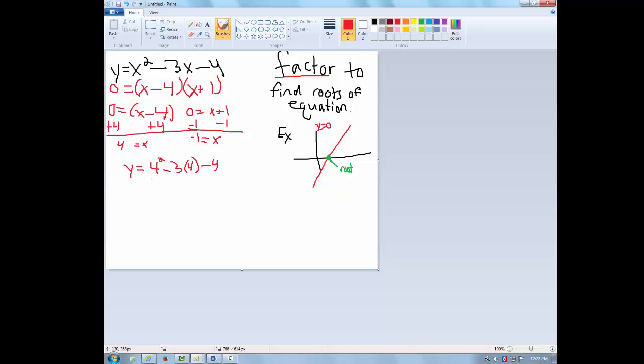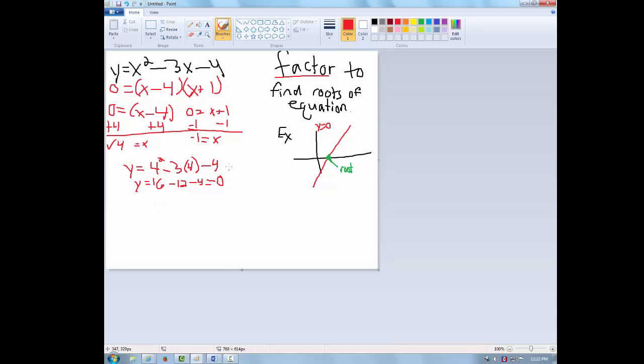So 4 squared would be 16 minus 12 minus 4. And as you can see, that gives us an answer of 0. So this was our check. So now we know for sure that in this function 4 is a root.